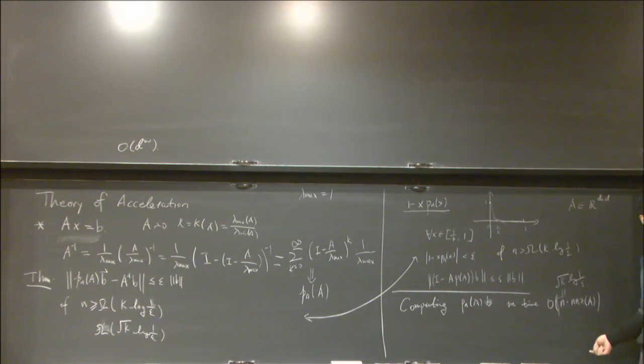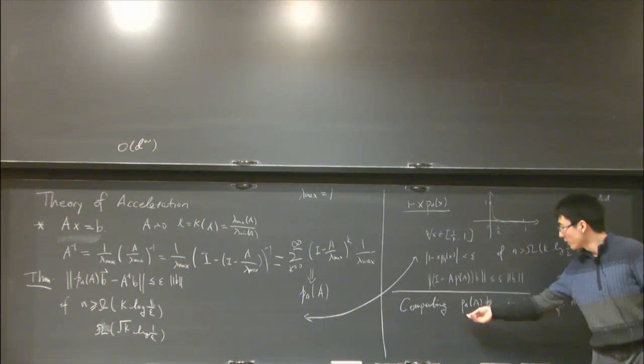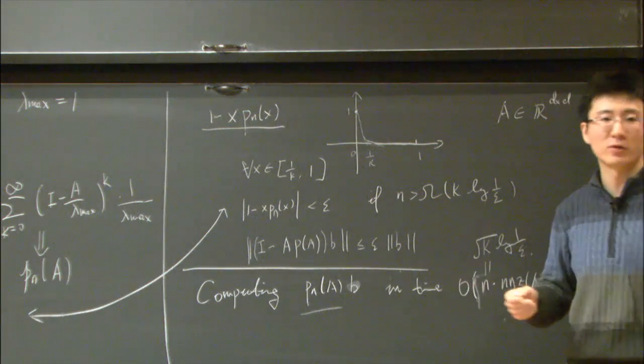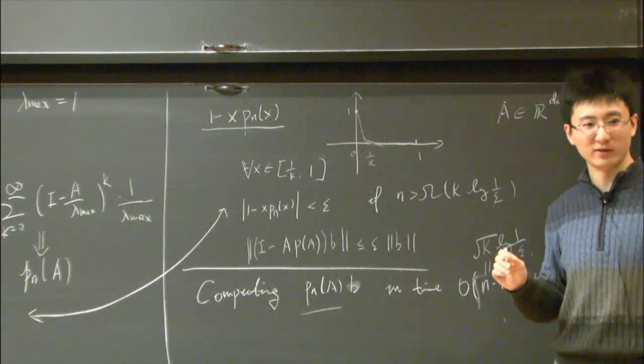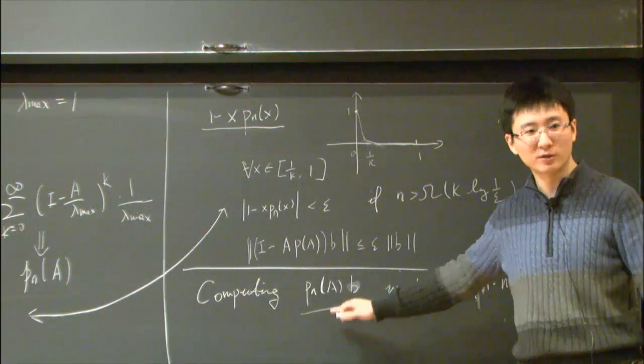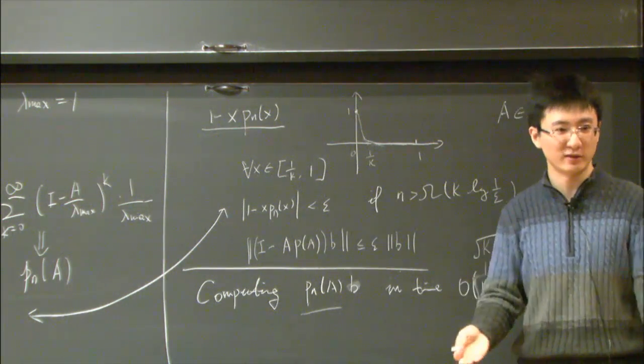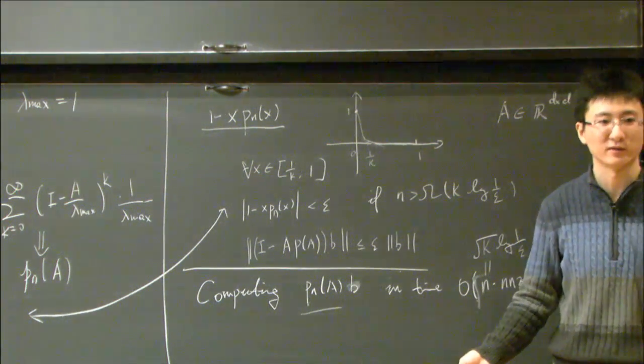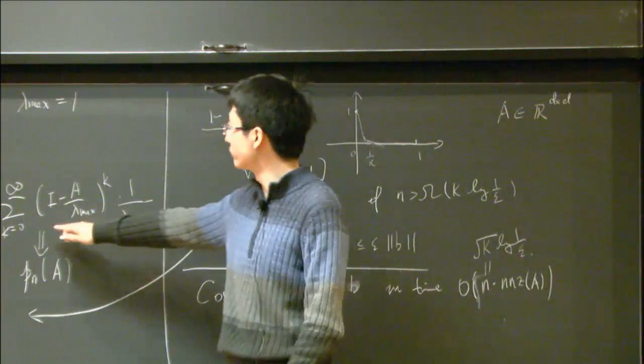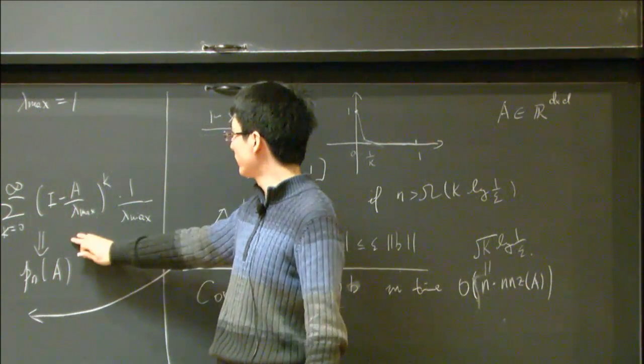Can you explain why this polynomial is enough? That's a very good question. If you have a polynomial with degree n, then you can't necessarily compute the polynomial on the matrix times a vector in this running time. It depends on how the polynomial is explicitly written. In this Taylor expansion form, it's quite naive.